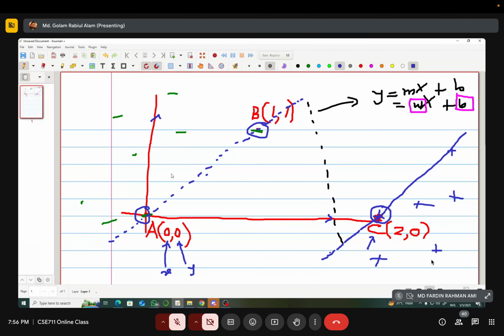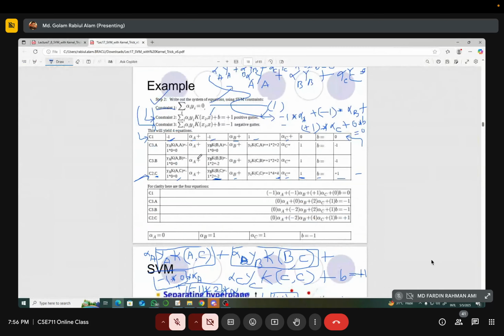So A and B are the negative support vectors, and the negative gutter will pass through A and B. At first, consider that it passes through A. So in equation number 3, this fixed x, we will consider initially A.